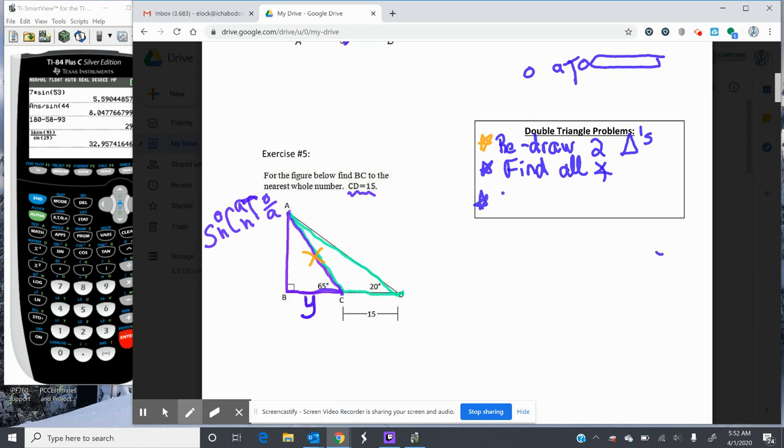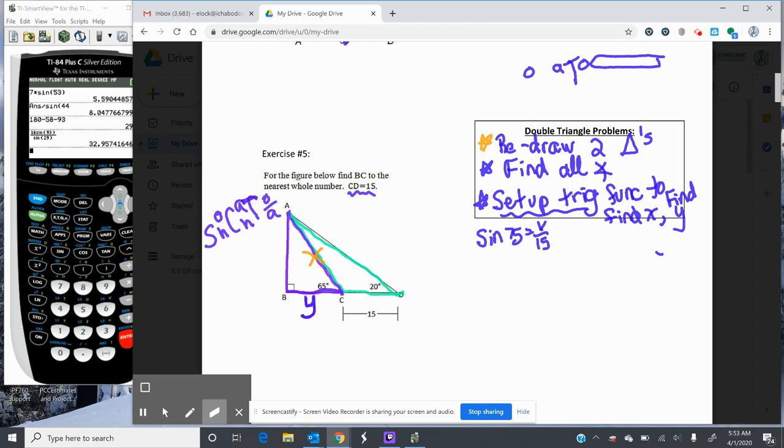And then you're going to set up trig functions to find x and then find y. You're going to need two different setups to find each. Now, what I mean by a trig setup is like sine of 75 equals x over 15. Now, those numbers have nothing to do with this problem, but that's a trig setup where you would then cross multiply. That's what I mean when I say trig setup.